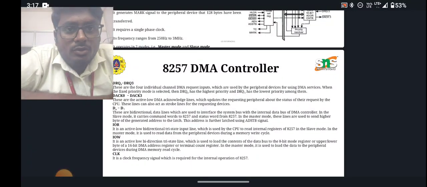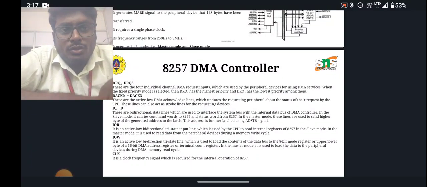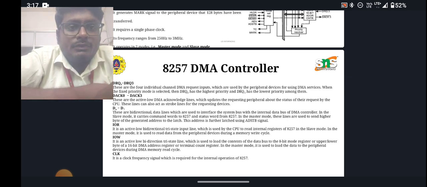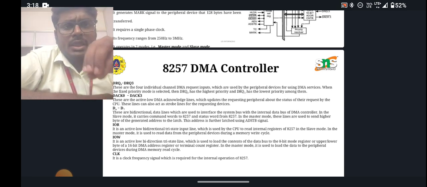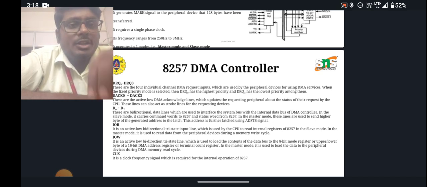The 8257 DMA controller pins: DRQ0 to DRQ3. These are the 4 individual channels of DMA request inputs which are used by the peripheral devices for requesting DMA services. When the fixed priority mode is selected, DRQ0 has the highest priority and DRQ3 has the lowest priority among them.